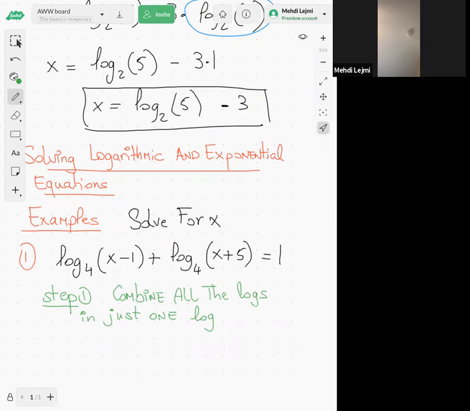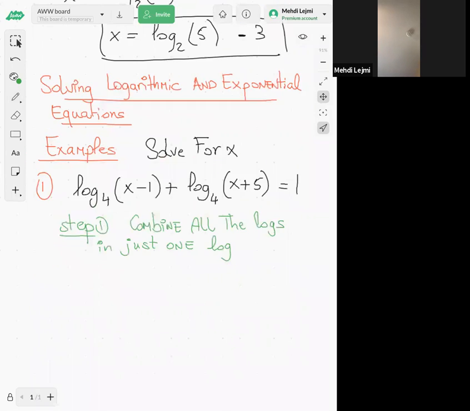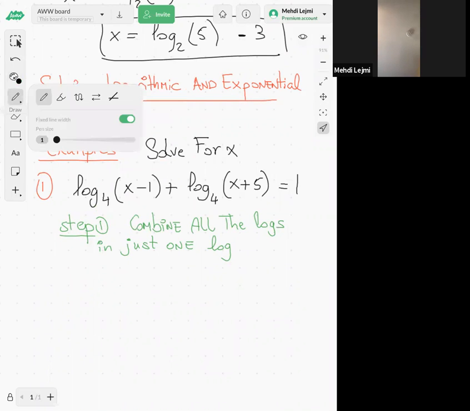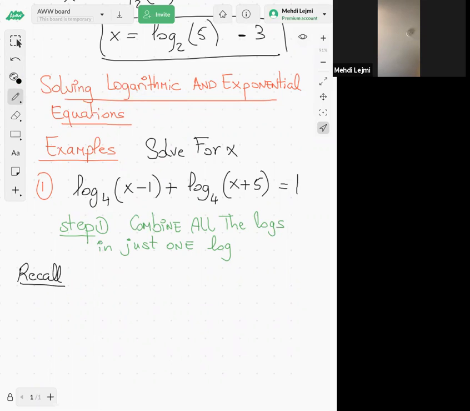Remember, guys, we had this property of the log: a log of a product is a sum of the logs. Just to remind you, log in base a of x plus log in base a of y would be log of x times y in base a.